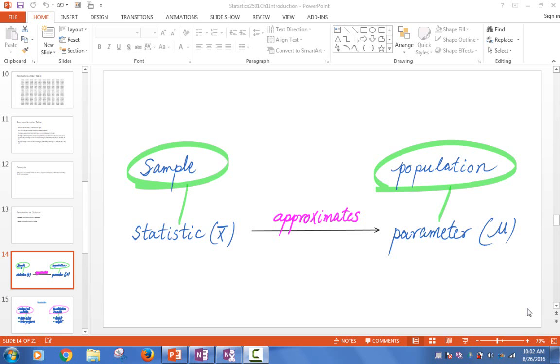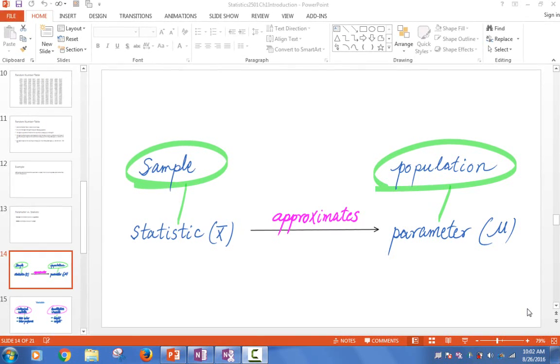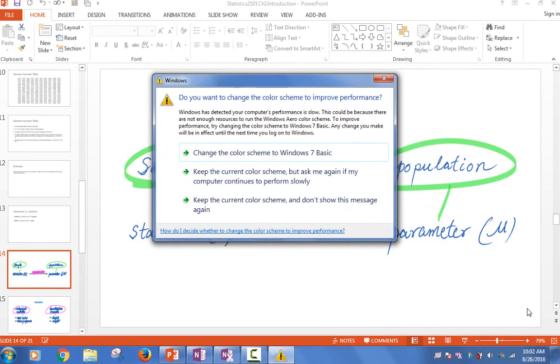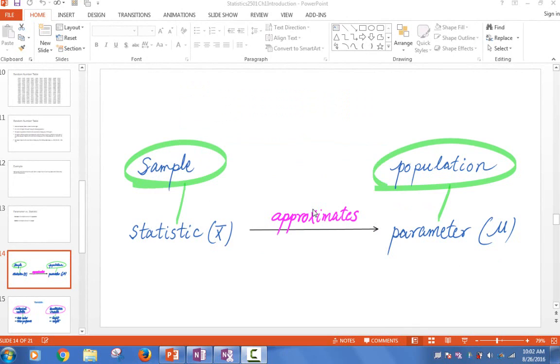So remember the difference between a sample and a population, right? And you have a statistic, which is a quantity calculated based on a sample, and then you have a parameter, which is a quantity based on the entire population of measurements.